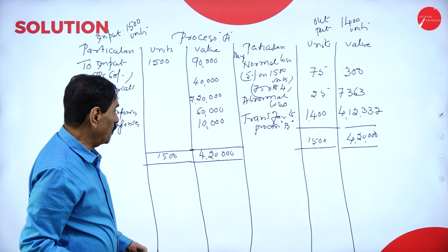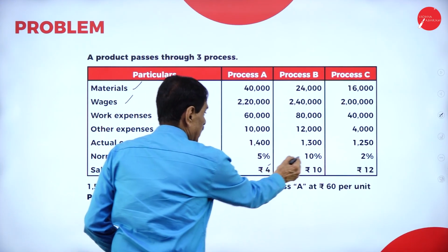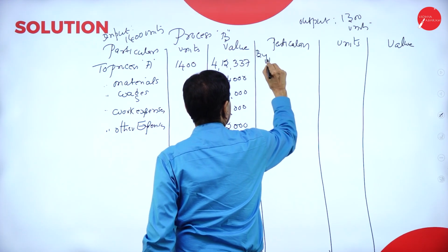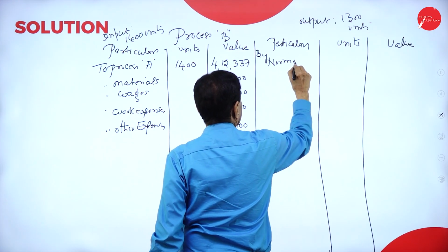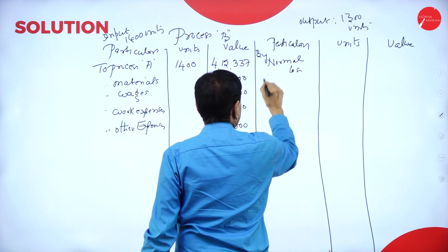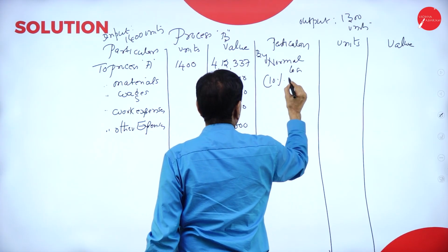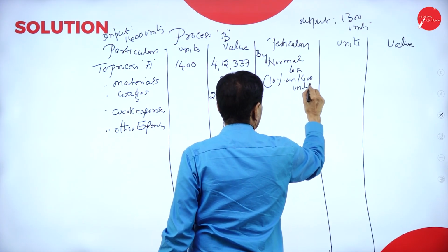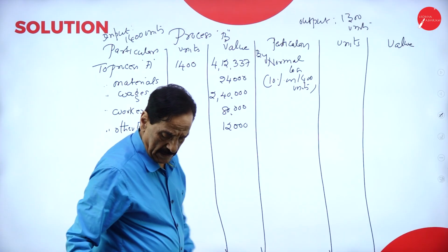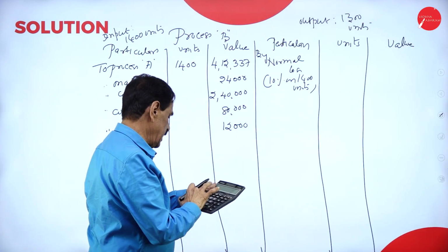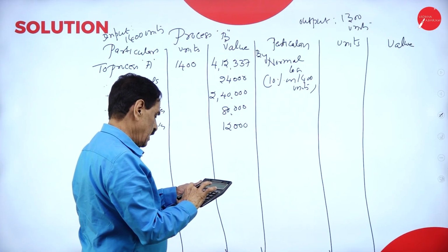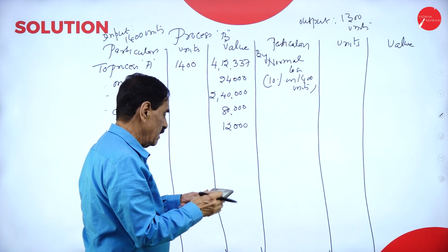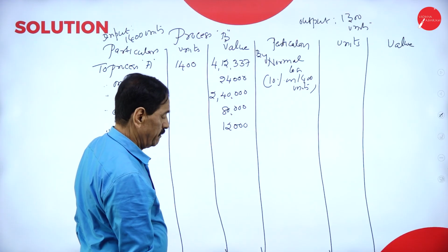What's the normal loss we look after? Percentage. It is 10% normal loss. 10% on 1,400 units: 1,400 into 10 divided by 100 is 140 units.